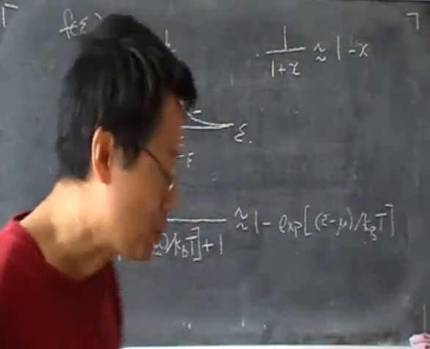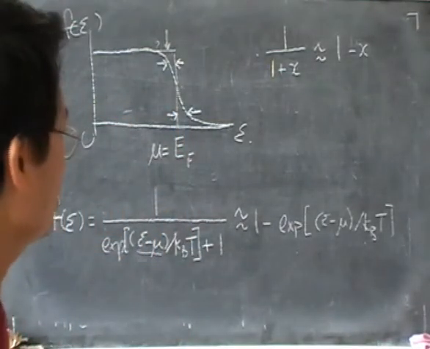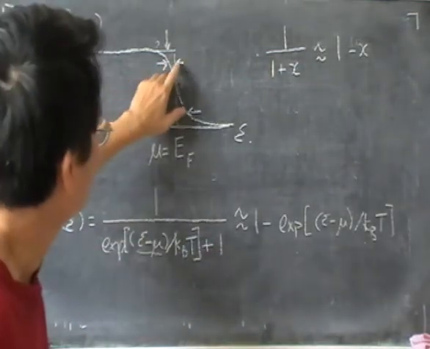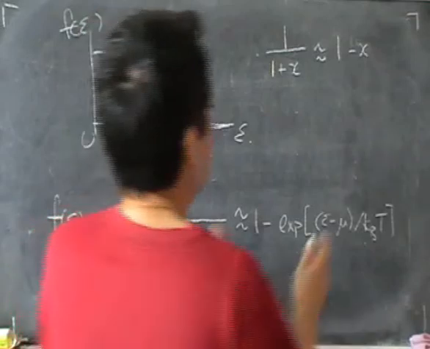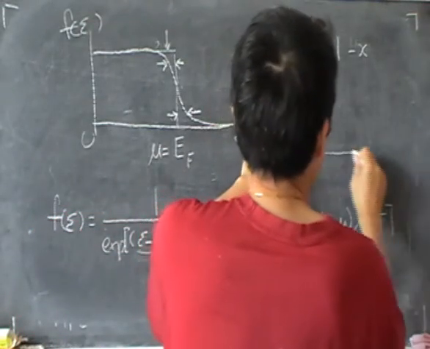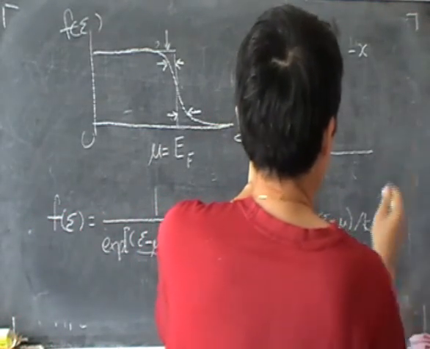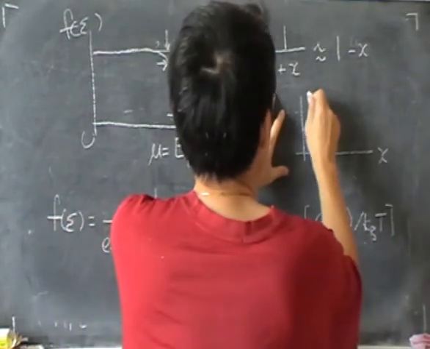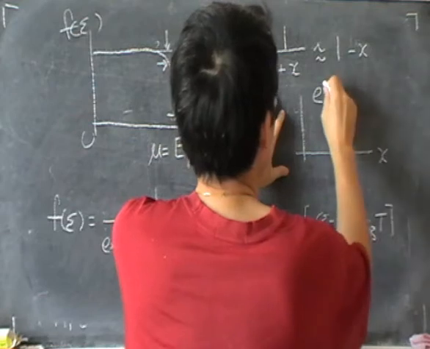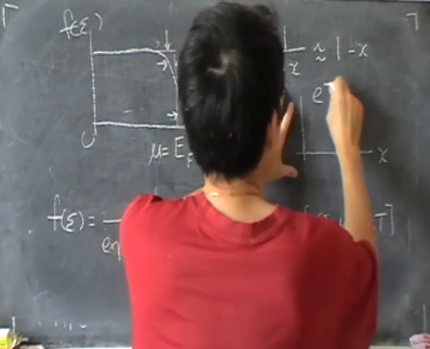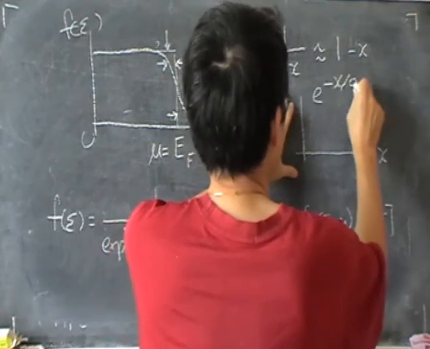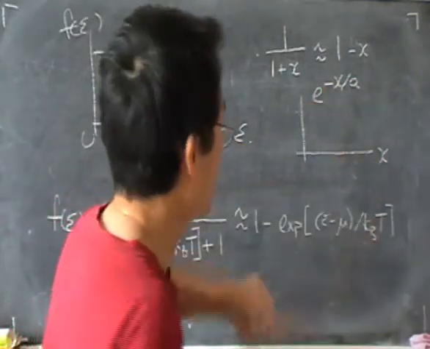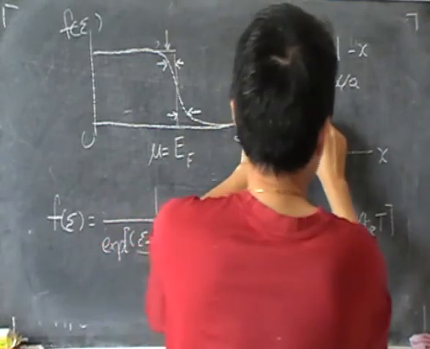Now if we have an exponential curve, we can quite easily find the width of the curve. If, for example, I have x there and I have an exponential curve which is e to the power of minus x over a, and I plot e to the power of minus x over a against x, I will get a curve that looks like this.